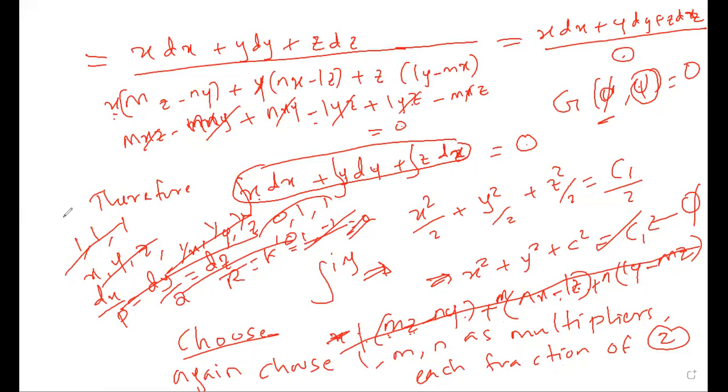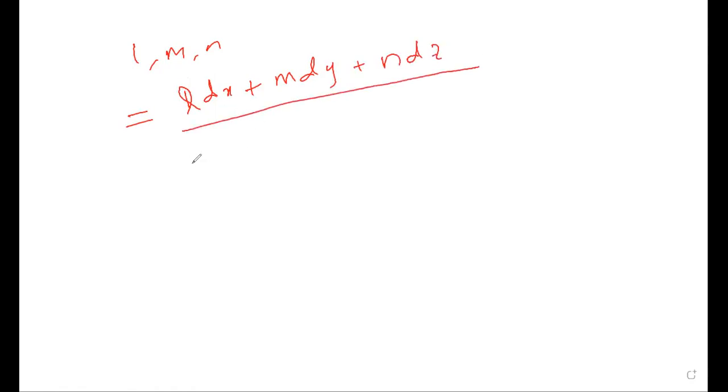I'm erasing this window again. So I'm choosing l, m, n as multipliers. So my equation will be turned into l dx plus m dy plus n dz, and the denominator will be l times (mz minus ny) plus m times (nx minus lz) plus n times (ly minus mx).